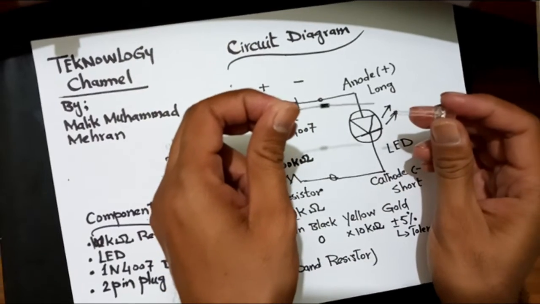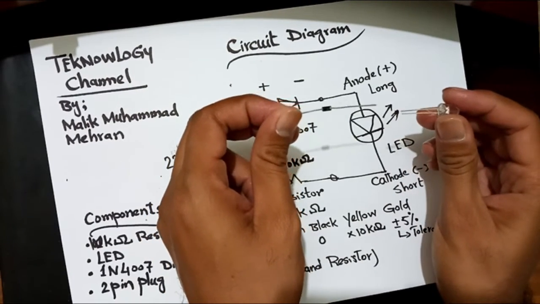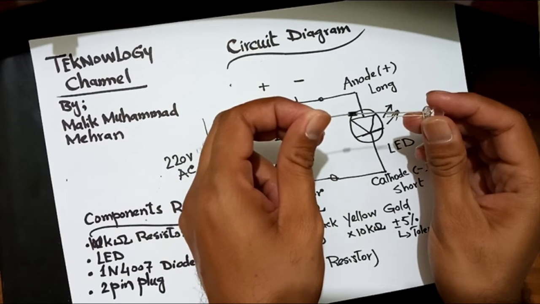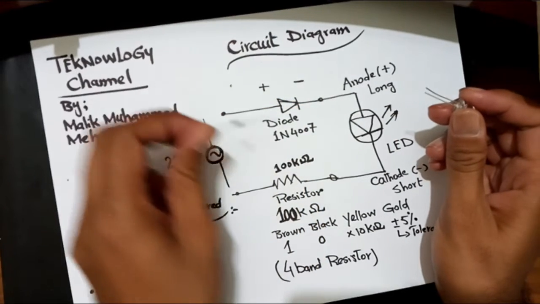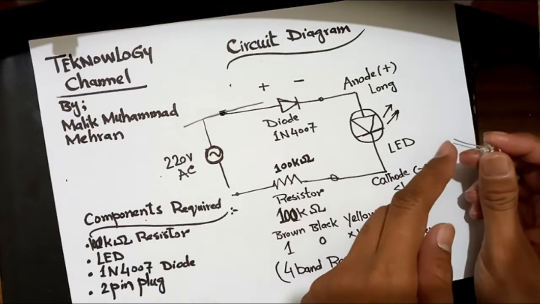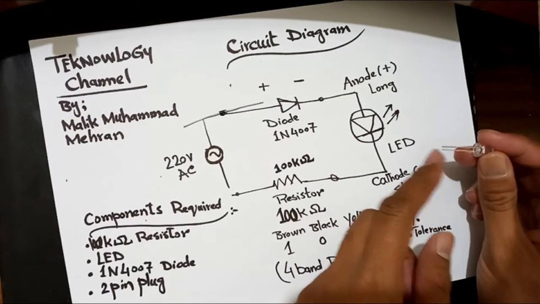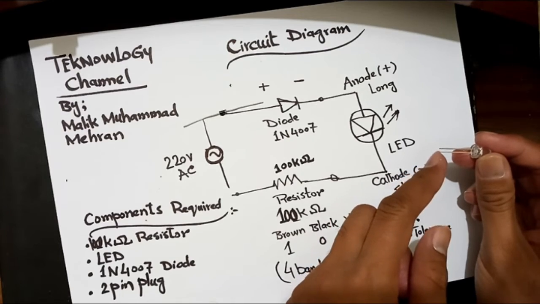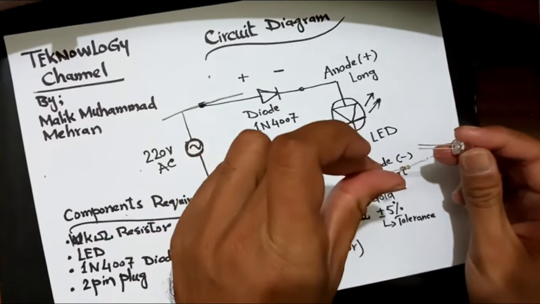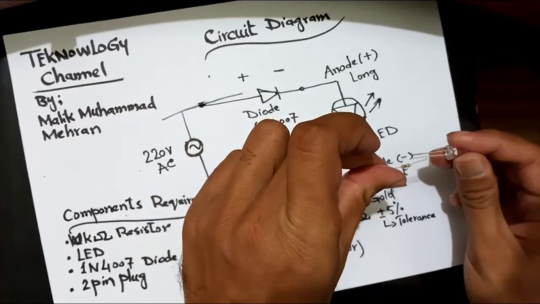So we will connect this anode with this ring arm. The other terminal of the LED is the negative terminal, also called the cathode. We will connect a 100 kilo ohm resistor with it.